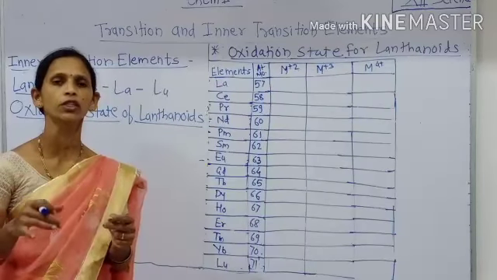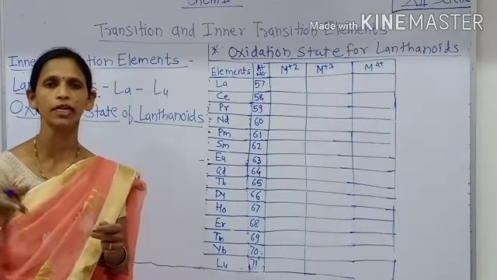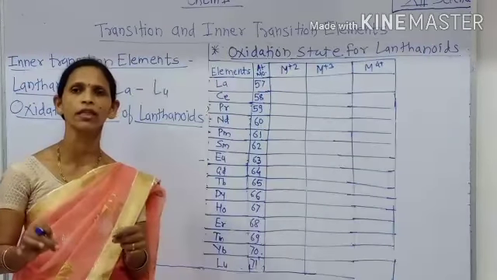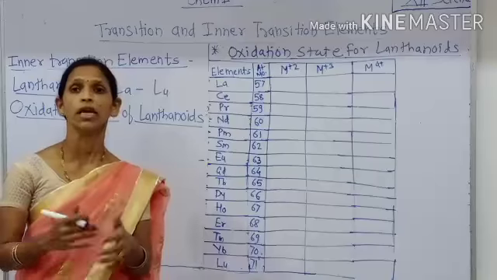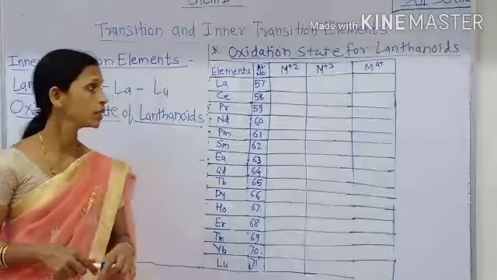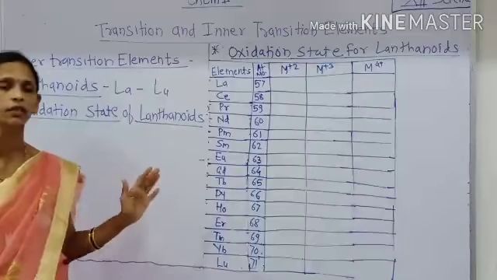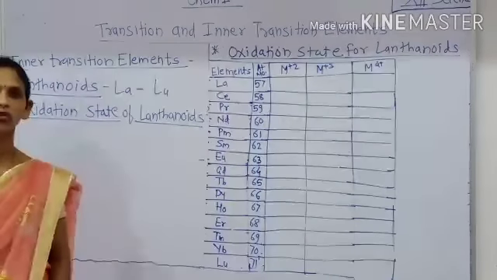Electrons enter into the (n-2)f orbital, that is, in lanthanoids the 4f orbital is gradually filled up. We will study in detail the oxidation state of lanthanoids.